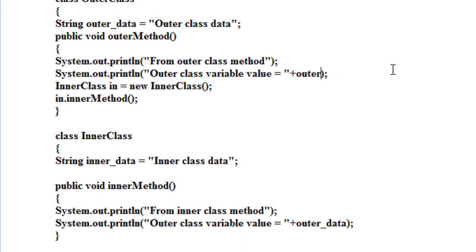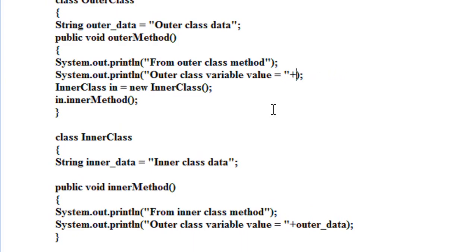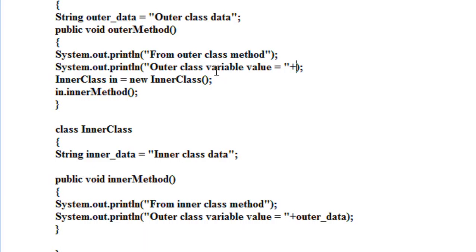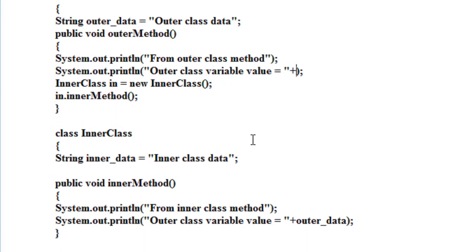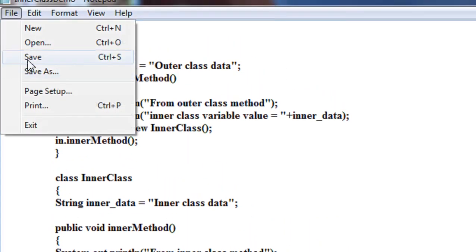Now I am going to access the variable of the inner class in the outer class. So inner data, it is actually the inner class variable. Now I save it.